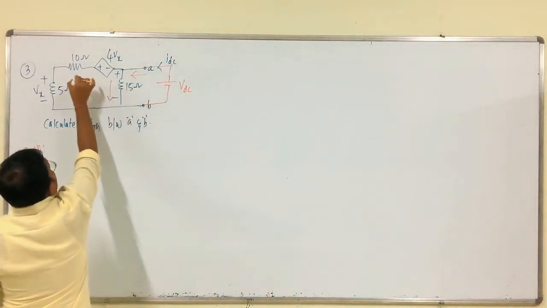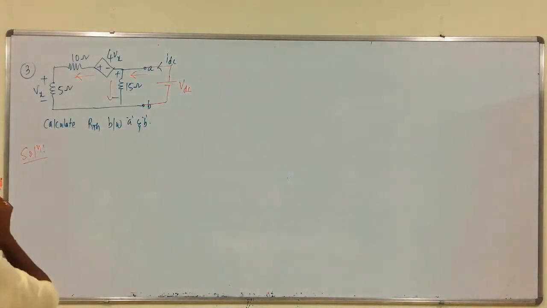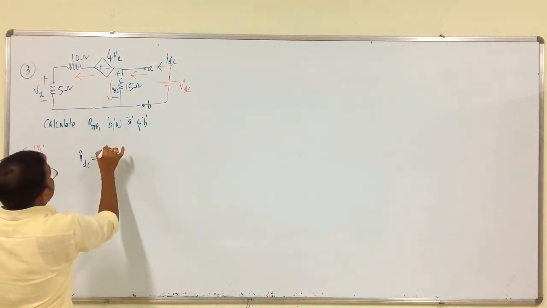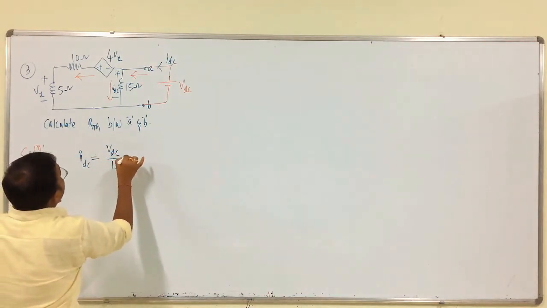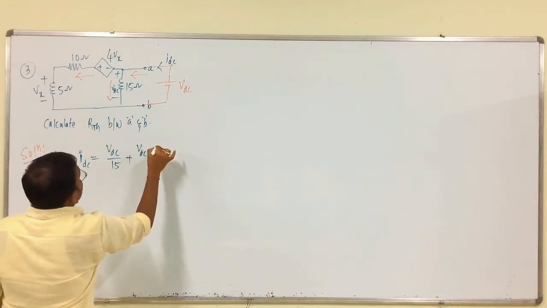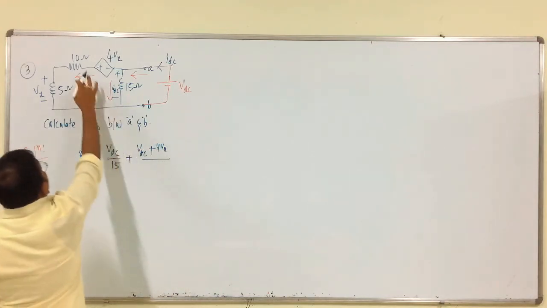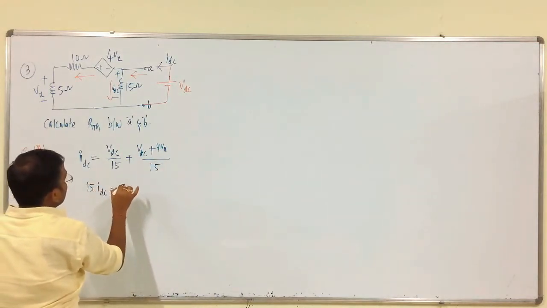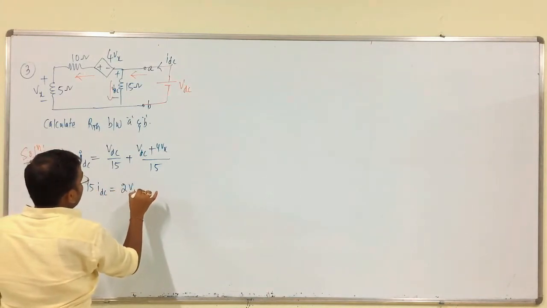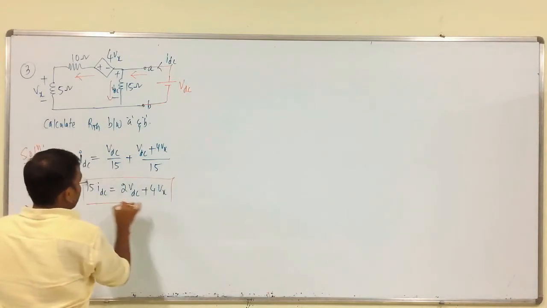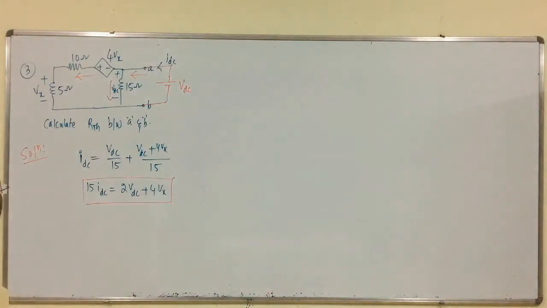Therefore, IDC is equal to, this is VDC by 15, plus VDC plus 4 Vx by 10 plus 5, 15. From this, 15 IDC is equal to 2 VDC plus 4 Vx. That is it, 2 VDC plus 4 Vx.